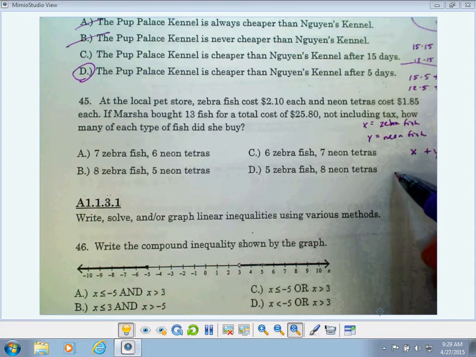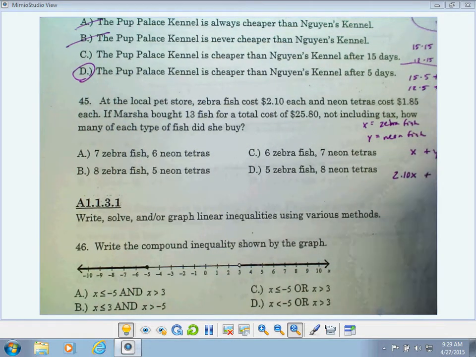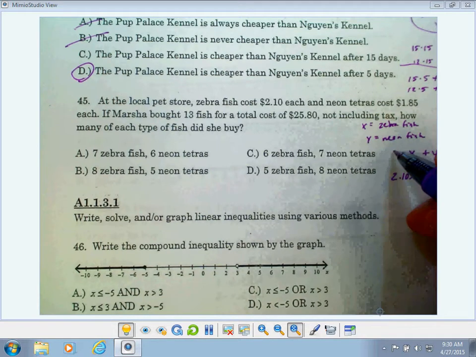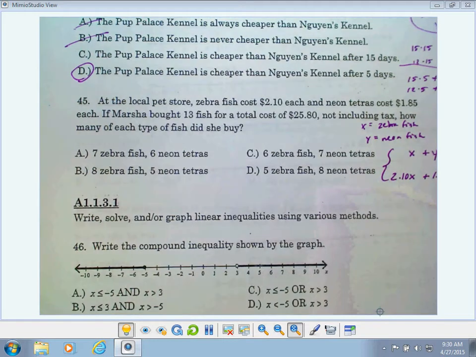We'd write that as 2.10X. And she paid $1.85 for each neon, 1.85Y, and that came out to a total of $25.80 when it was done. So in this case, we have our two equations that we can solve here. We just need to figure out which one of these it is.